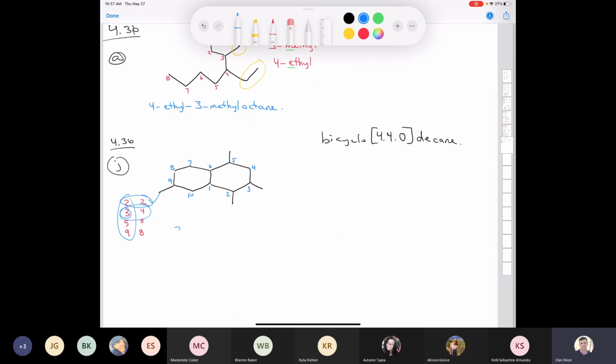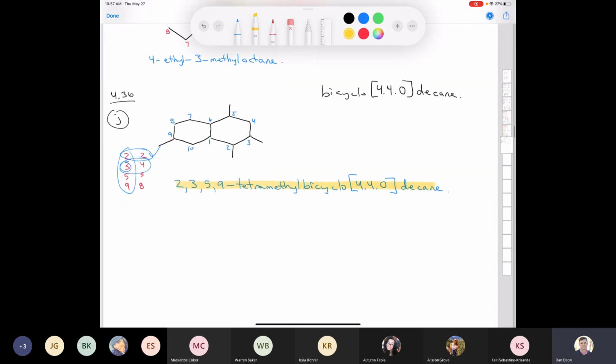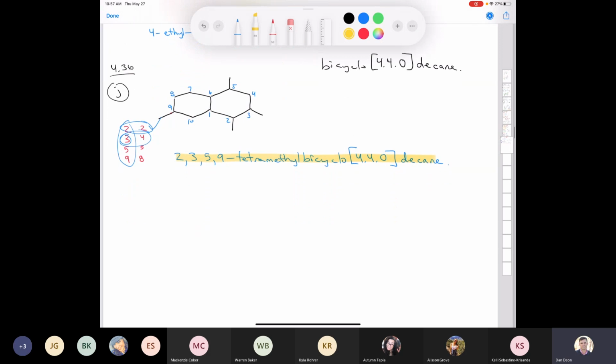So I've got 2,3,5,9 tetramethylbicyclo[4.4.0]decane, like that. And that is the correct name for this bicyclic compound. All right. Good. Let's try one more bicyclic compound.